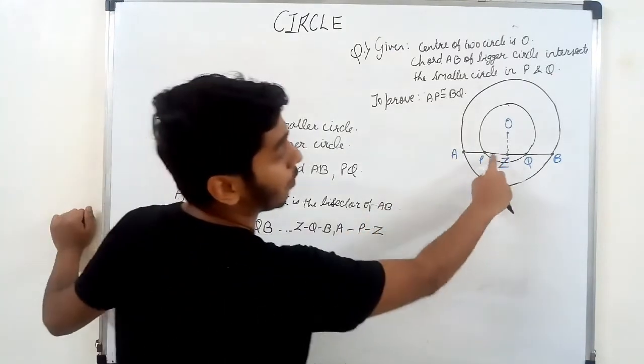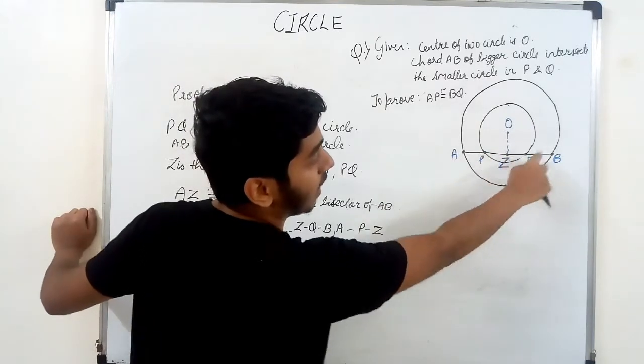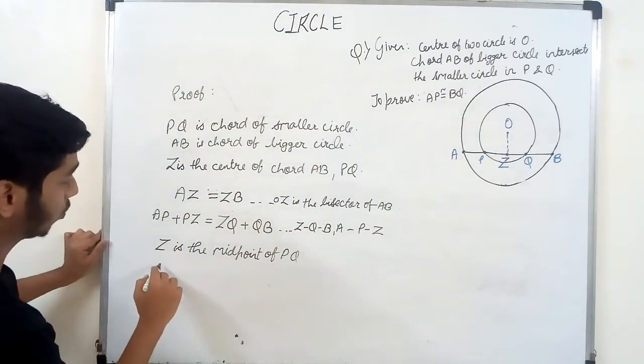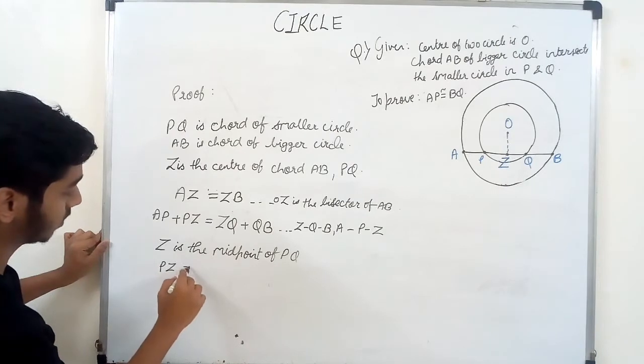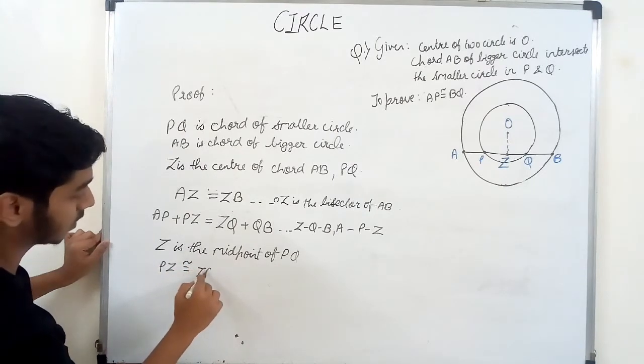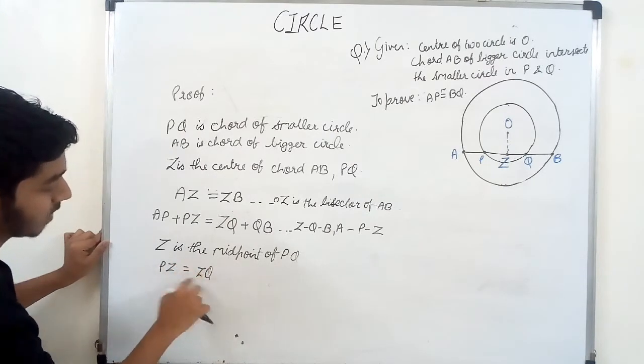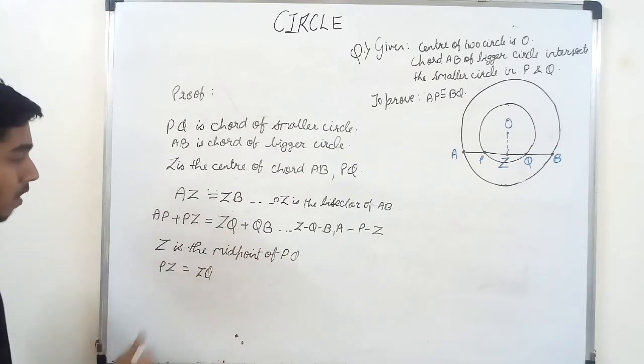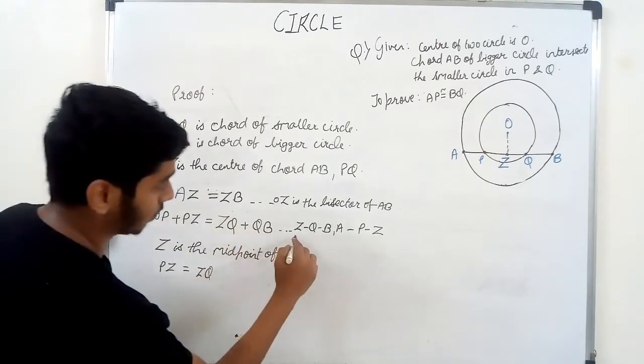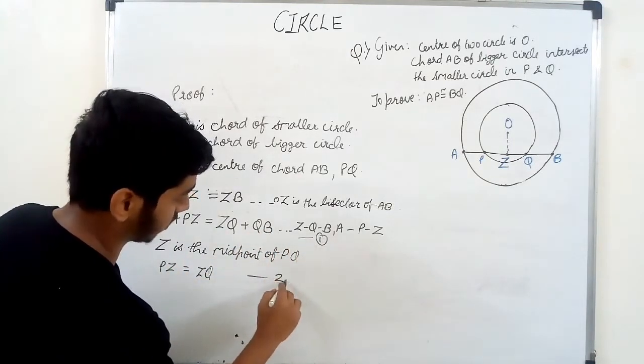Therefore, if Z is the midpoint, can we say PZ and ZQ, they both are congruent? PZ is congruent to ZQ, or equal to ZQ. Same thing. Okay. Therefore, this is first and this is second.